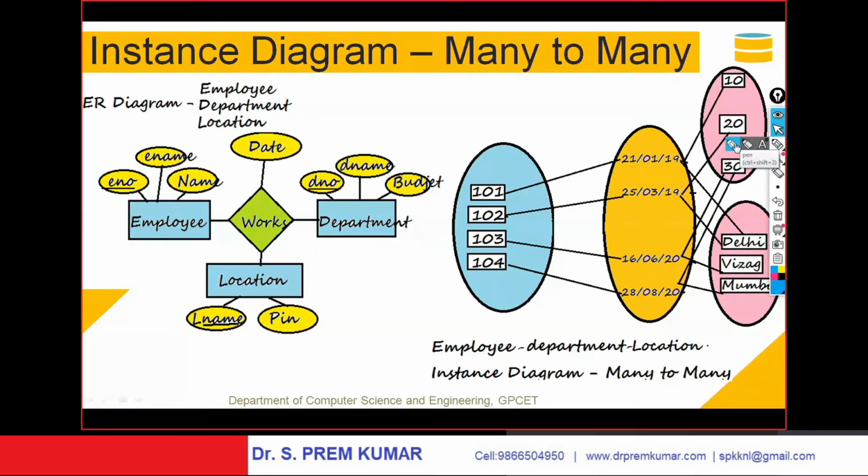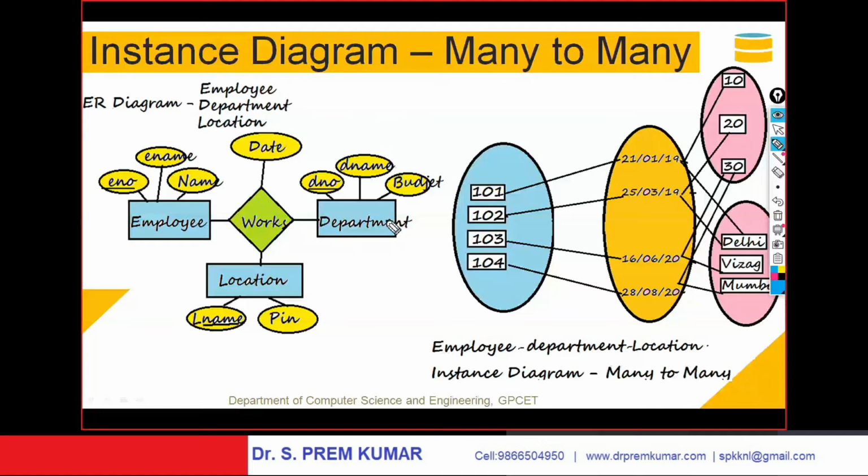What I mean is, you observe this ER diagram: employees, departments, locations. Employees are working for some departments, and the departments are located at different locations. Let me say Delhi, Vizag, Mumbai, various locations where the departments are located.